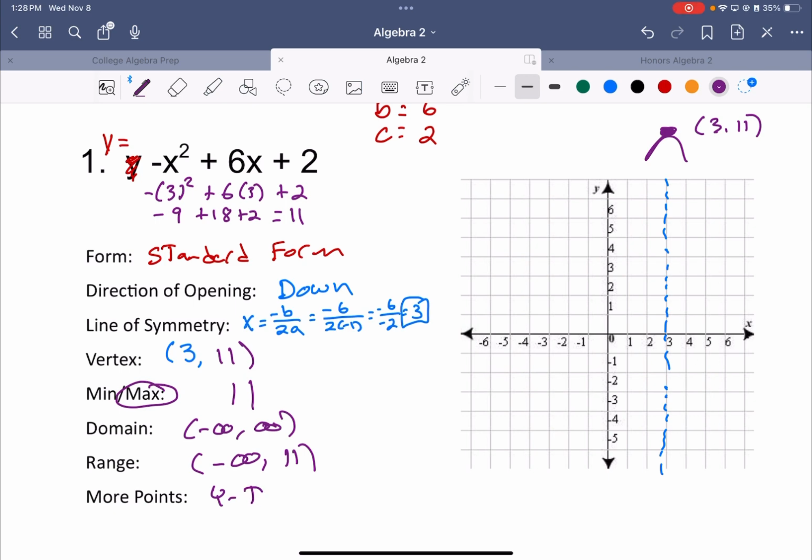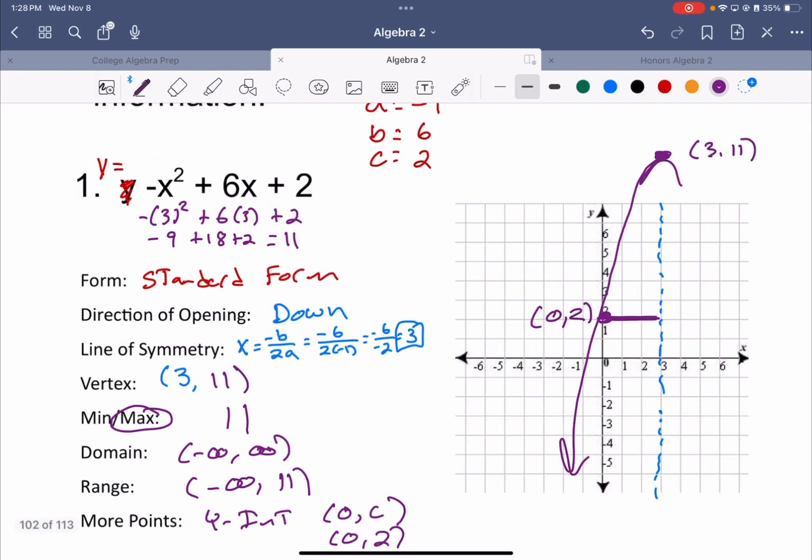Because it's in standard form, we can find the y-intercept. Remember, the y-intercept is the point (0, c). So that would be (0, 2). So my graph goes like this, through (0, 2). And then we can find one more point. This goes from (0, 2) to (3, 11).